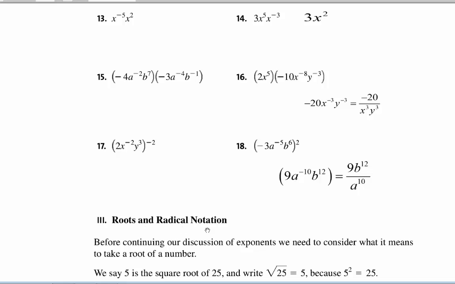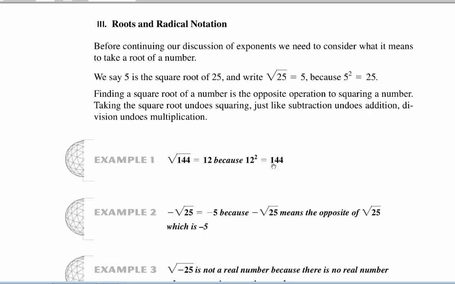Next, we're going to try roots and radical notation. So let's take a look at a few of the book's examples. We say that 5 is the square root of 25 because 5 times 5 is 25, right? So when I have the square root of a number, I'm really asking myself, what number multiplied by itself will give me the number under the radical sign?